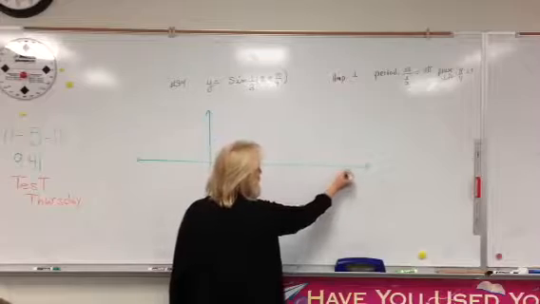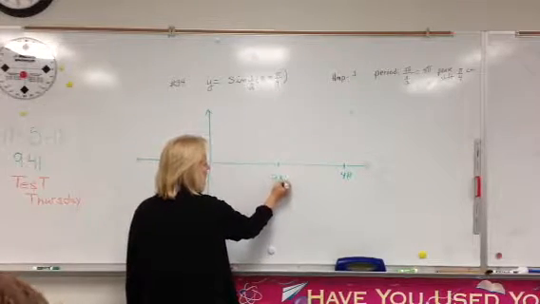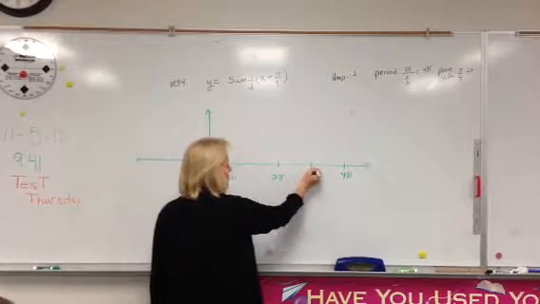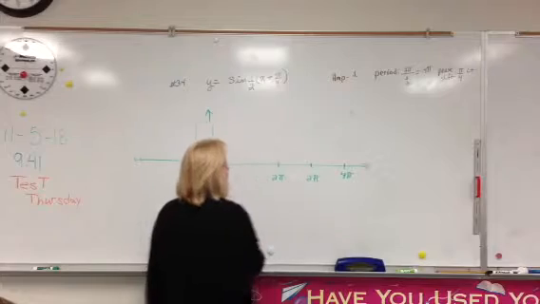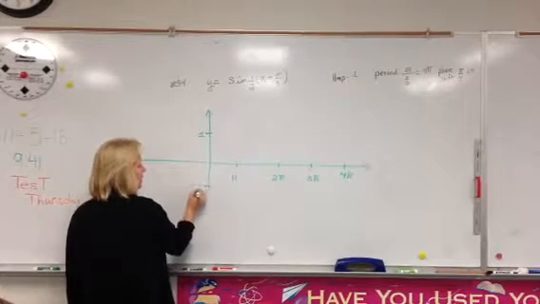Period is 4 pi, so I'm going to put 4 pi. Half of that is 2 pi, and then 1 pi, 2 pi, 3 pi. And amplitude is 1 and -1.